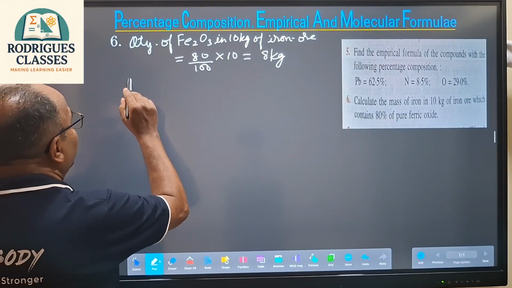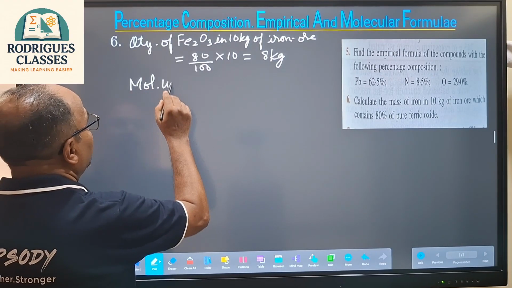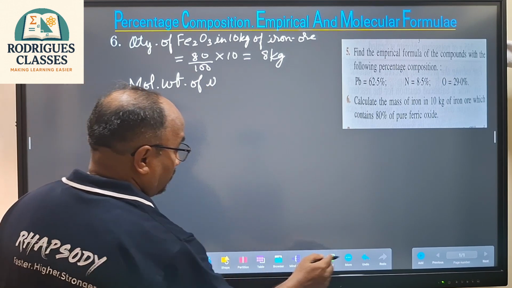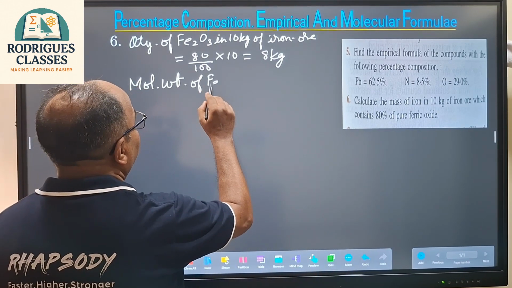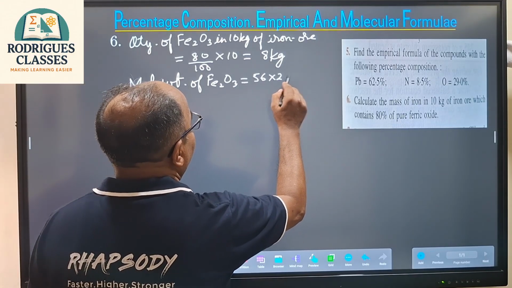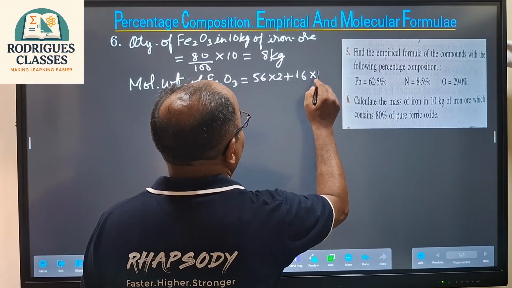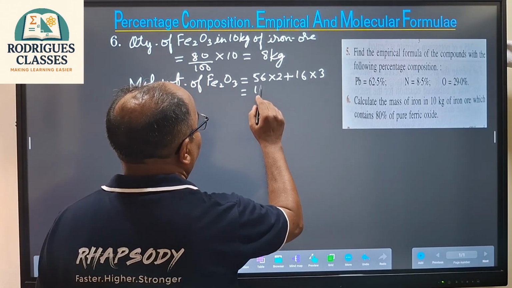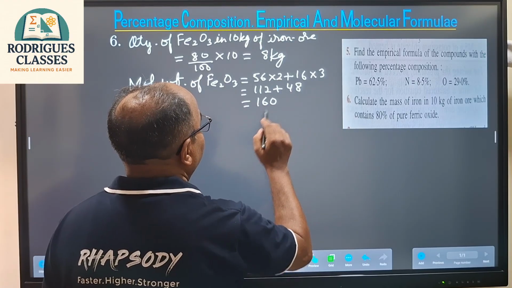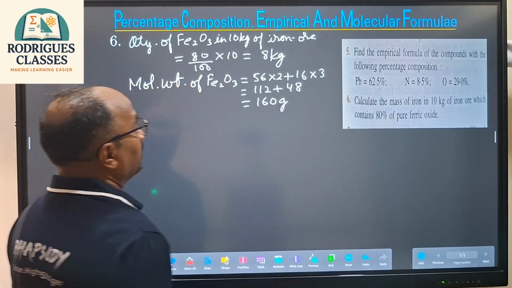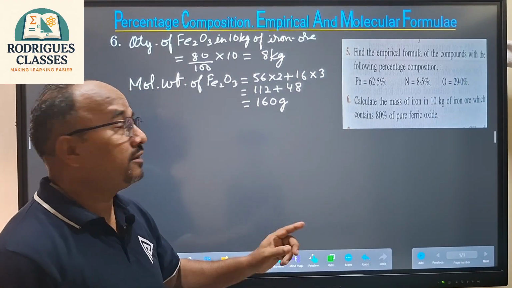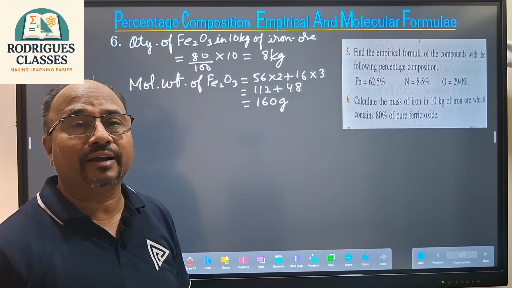So we will go to find the molecular weight of ferric oxide, Fe2O3. So iron is 56 into 2, oxygen is 16 into 3, 112 plus 48, that gives you 160, in gram. So it means if I have got 160 gram of ferric oxide, in that the iron part is 112.